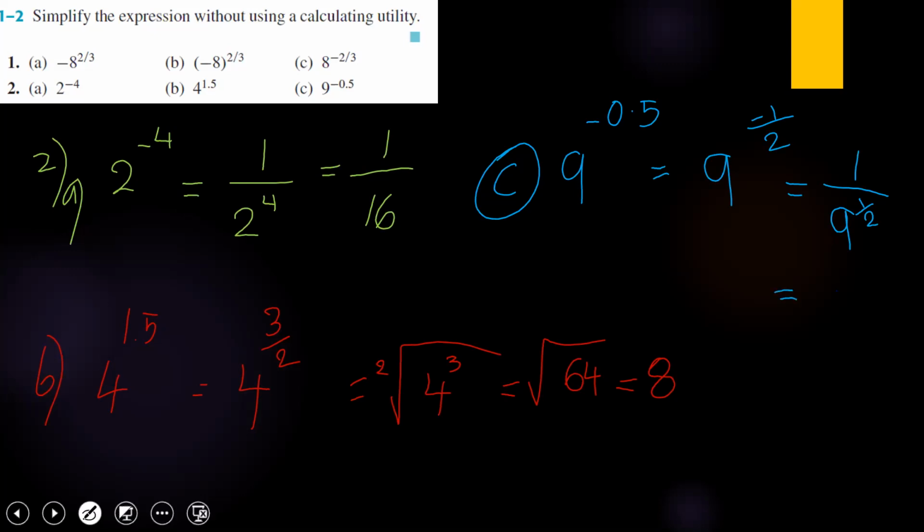Then 1 over 9 to the power half can be written as what? Square root of 9. Bravo. Then 1 over the square root of 9, which is 3. So this will be the answer. 9 to the power negative half is 1 over 3.